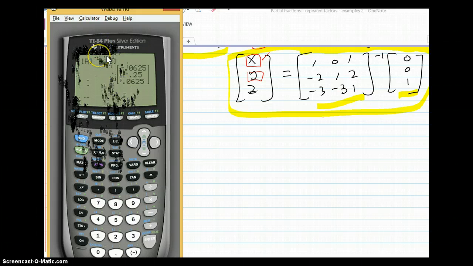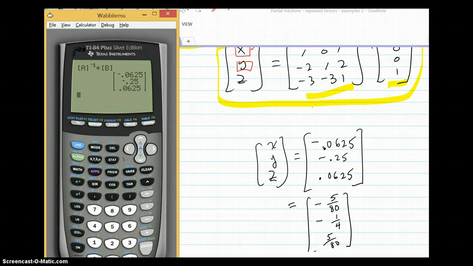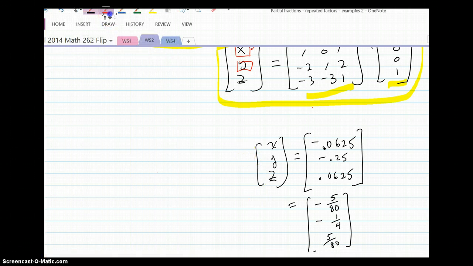And when I enter this, I get the X, Y, Z answers, and in decimals those are negative 0.065, negative 0.25, 0.0625 being the answer to your XYZ here, and those are perfectly fine answers.